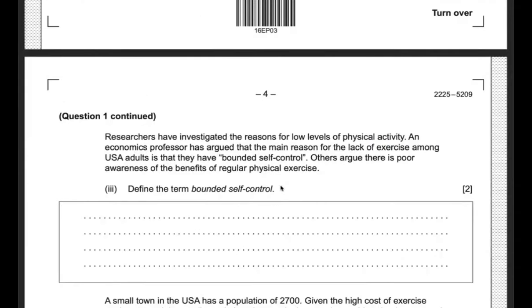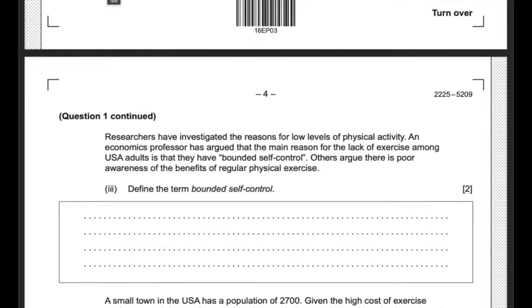Researchers have investigated the reason for low levels of physical activity. An economics professor has argued that the main reason for the lack of exercise amongst young adults is that they have bounded self-control. Others argue that there is a poor awareness of the benefits of regular physical exercise.